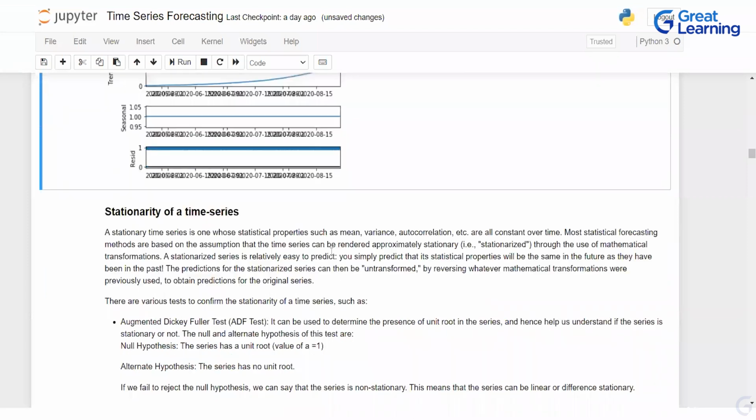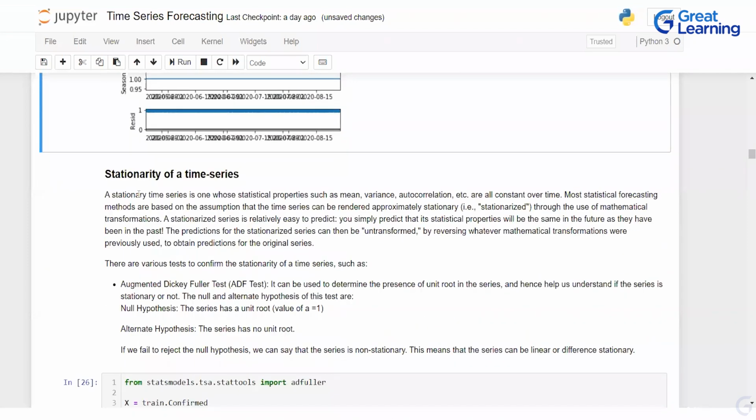Now there's a very important thing which is known as stationarity of time series. Stationarity is important to know when you are working on the ARIMA model and its variants. Stationarity is a statistical property which tells you that mean, variance, and autocorrelation are all constant.